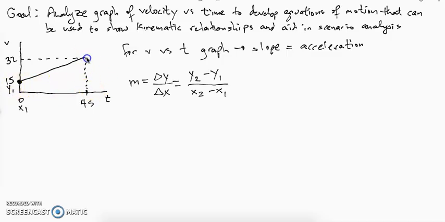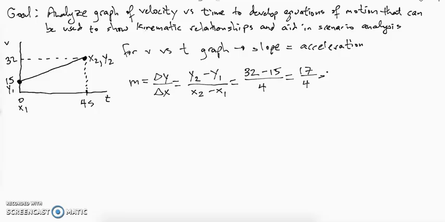And then up here is the other point, x2, which is 4 seconds, and y2, which is 32 meters per second. And we can plug them into this formula from math class, where we have 32 minus 15 over 4, and we will have 17 over 4.